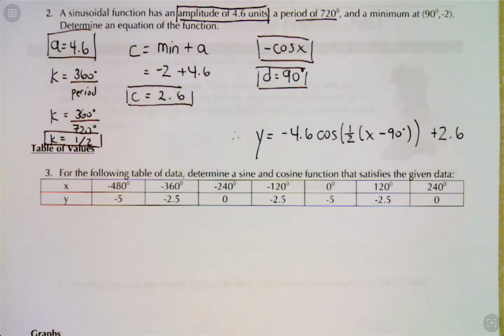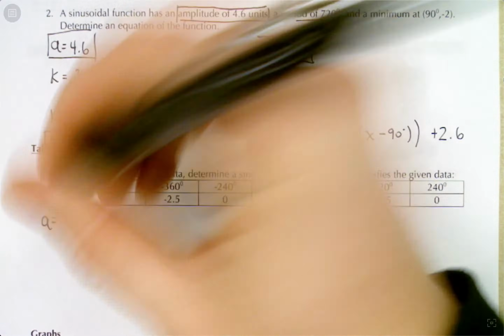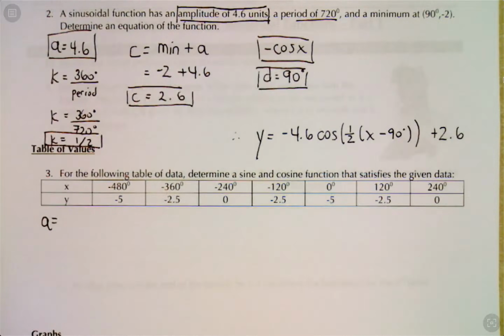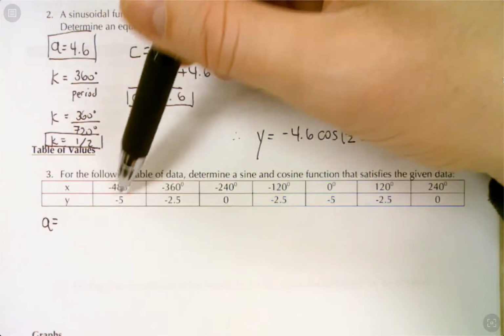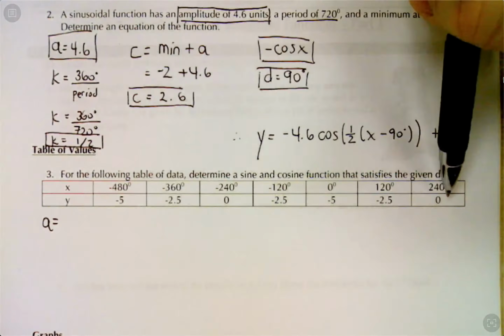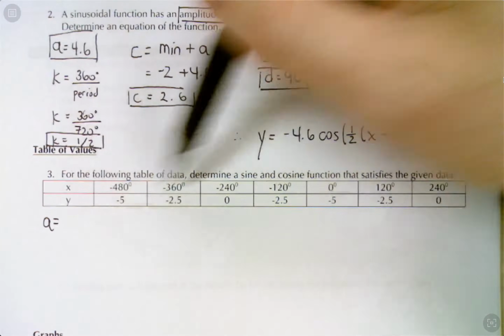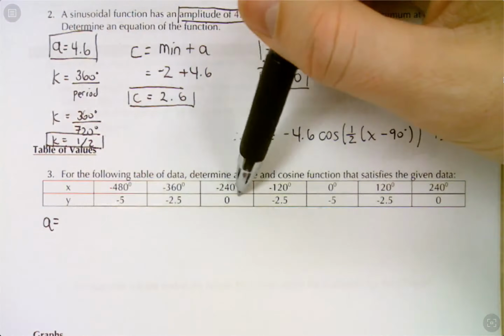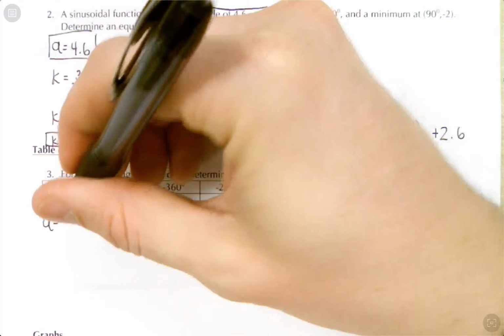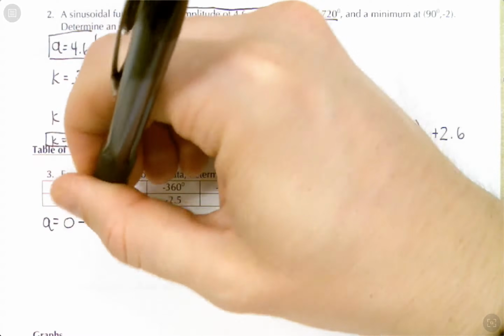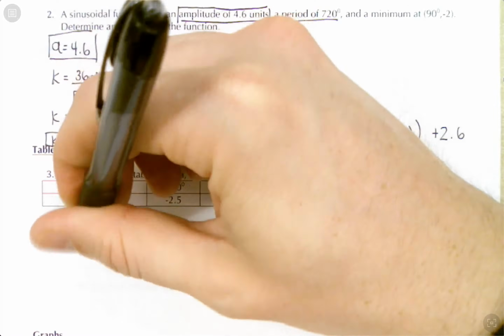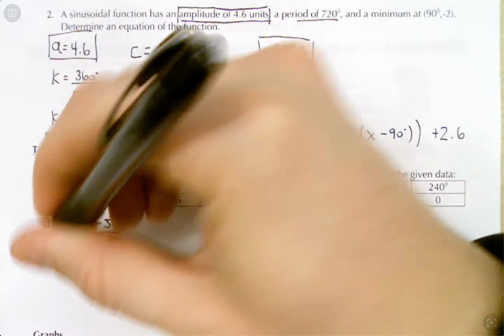So let's start with A, K, and C as we always do. A is max minus min divided by 2. If we look at the repeating numbers, negative 5 is our smallest and 0 is our biggest. So our max is 0 minus our min, divided by 2. We get an A value of 2.5.